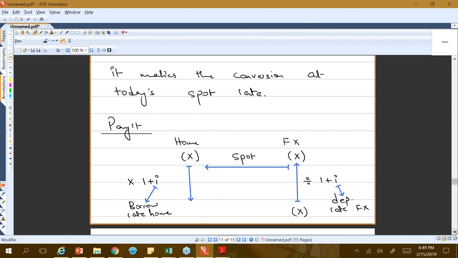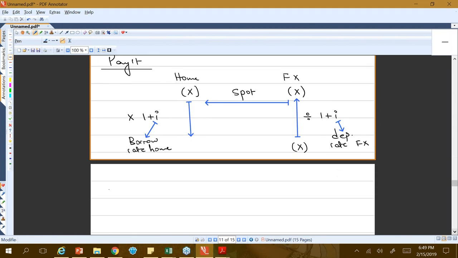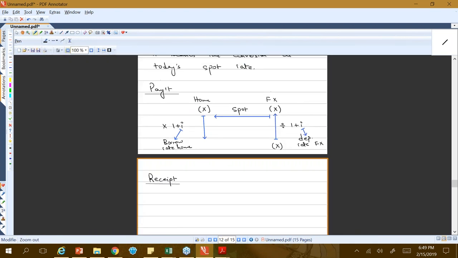Now, the second structure is the receipt structure, which looks pretty identical. It's just a few changes in it. The receipt structure.